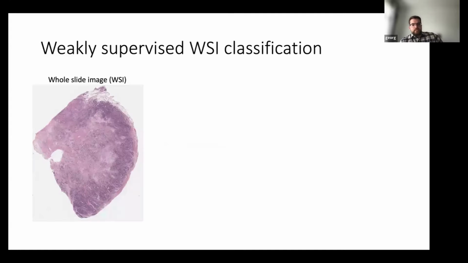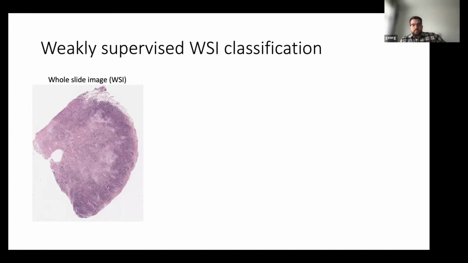All right, so let's start by defining what is weakly supervised whole slide image classification. A whole slide image is an image of a tissue section, which is usually around a square centimeter in size, but once you scan it under a microscope, that size increases in terms of the number of pixels to billions of pixels.